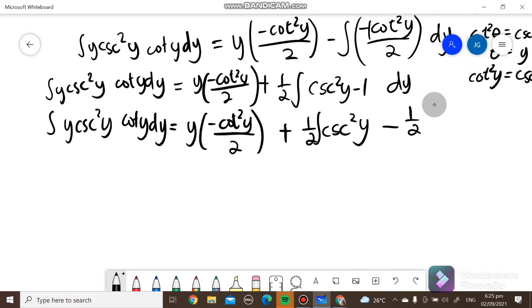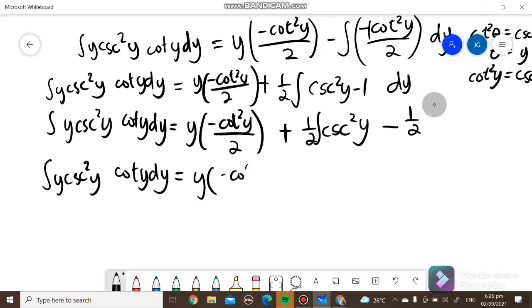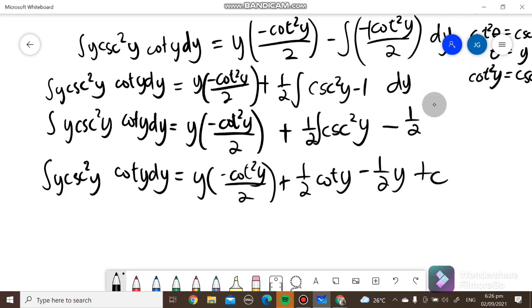Okay, so with that, we can simply integrate it. So we have y cosecant squared y cotangent y dy is equal to y negative cotangent squared y all over 2 plus, what's the integral of cosecant squared y? It's simply cotangent y. So we will have 1/2 cotangent y minus 1/2 y plus c. So this can be our final answer, but we can simplify this one.